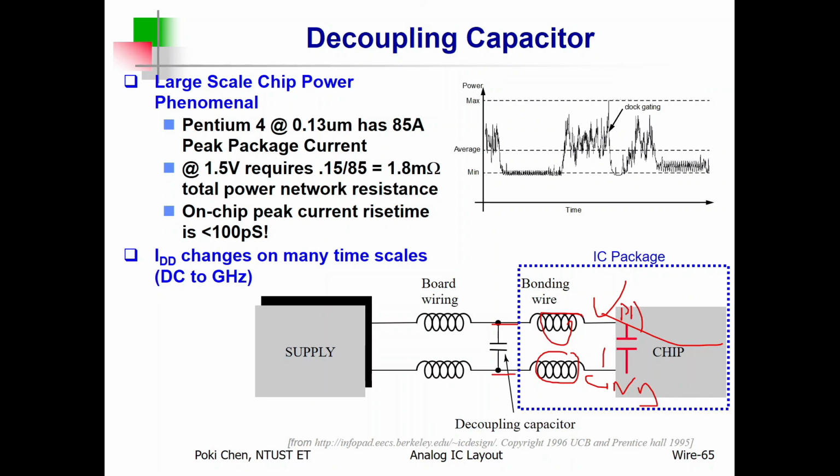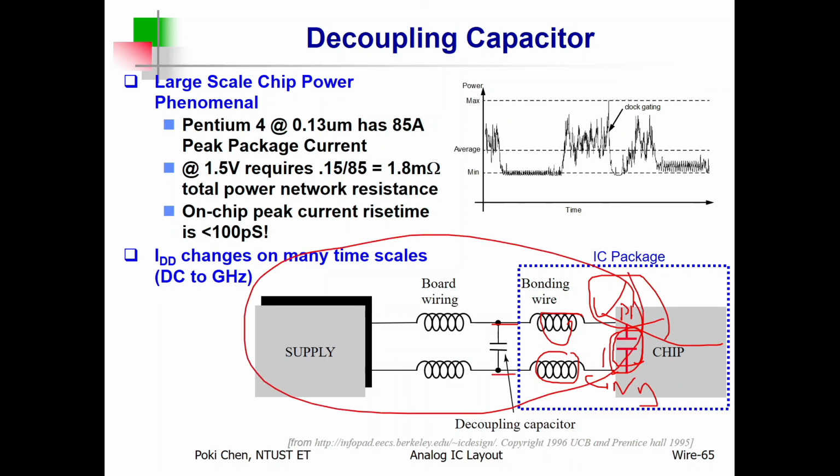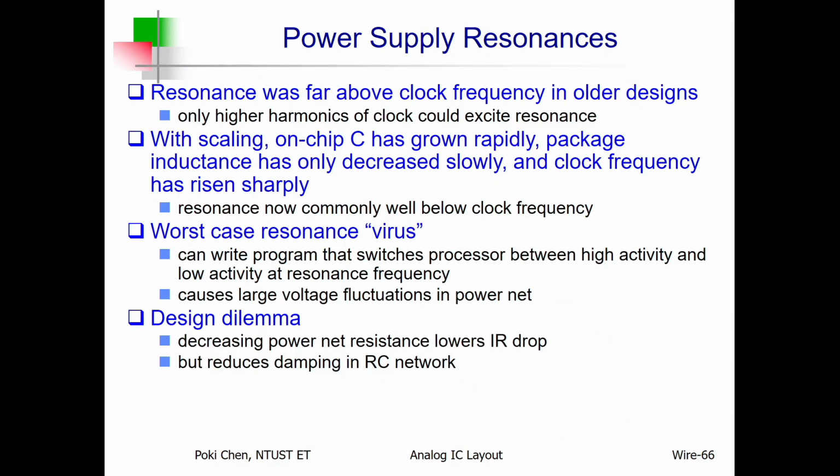So you need on-chip decoupling capacitors to stabilize the on-chip VDD and ground. That is the fundamental requirement for any kind of high-end system. And this is what I say, power supply resonance is really dangerous. Try your very best to push the operation frequency of the chip and the resonance frequency of your power supply as far away from each other as possible.